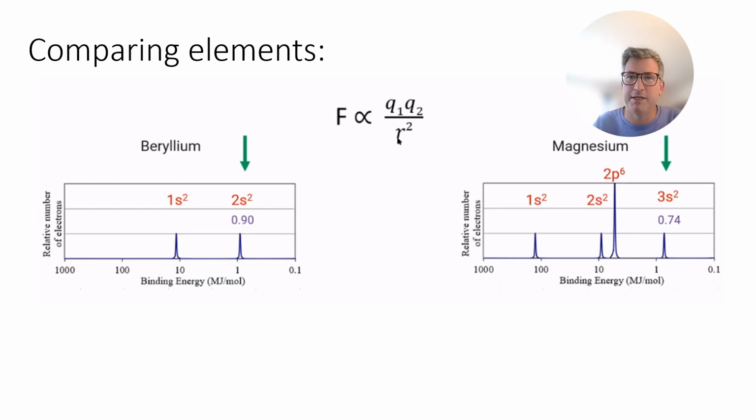The reason is the much larger radius of the third energy level compared to the second. So radius, since it is squared, is going to have a bigger impact than the difference in charge between a magnesium nucleus and a beryllium nucleus.